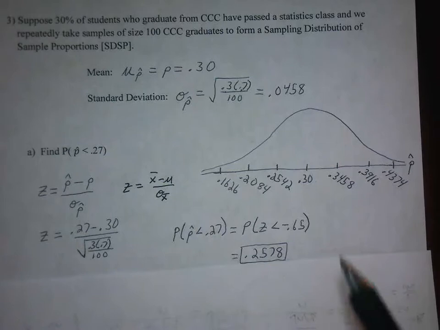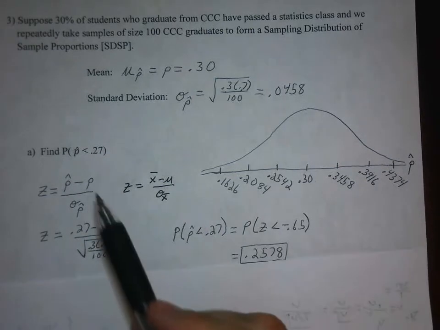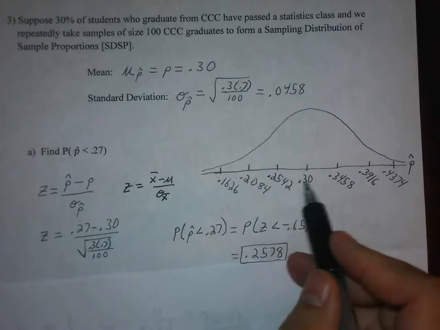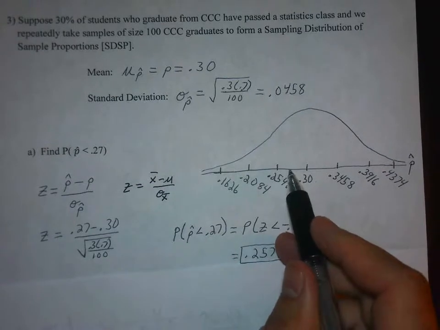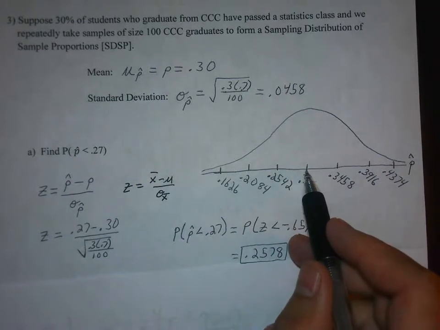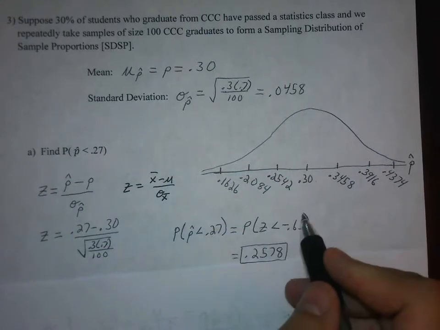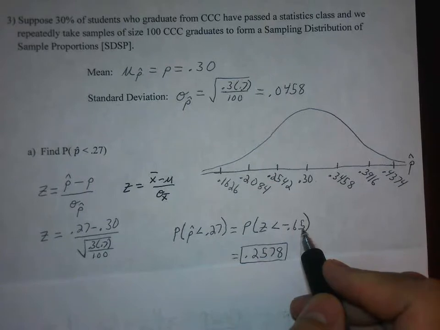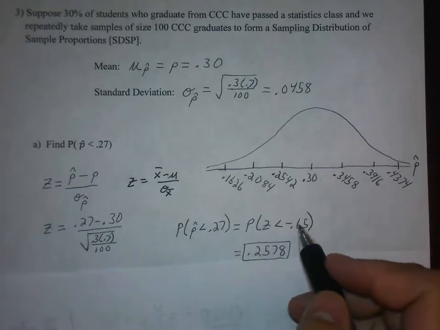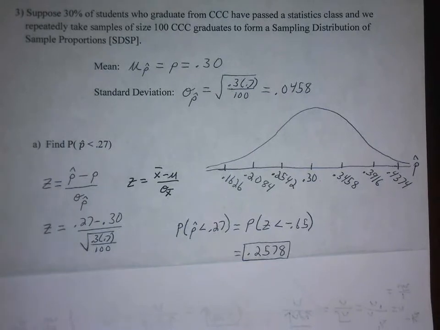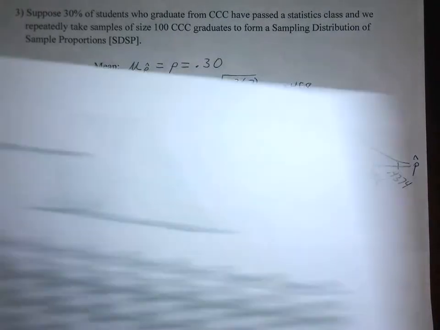If you look at the distribution, 0.27 is between 0.2542 and 0.30, so it's going to be somewhere in here, which is between 0 and negative 1 for the z-score. So that negative 0.65 should make sense. Then you go to your z-table, look up negative 0.65, and you'll get 0.2578.